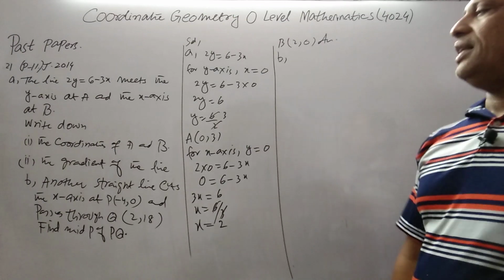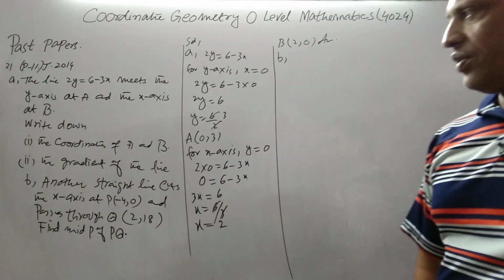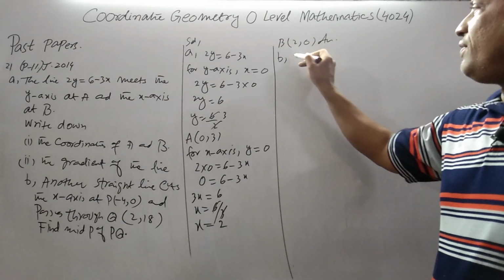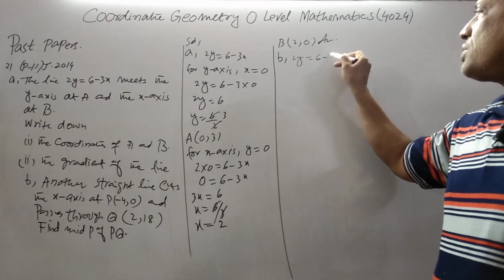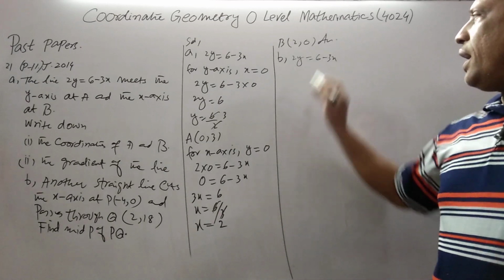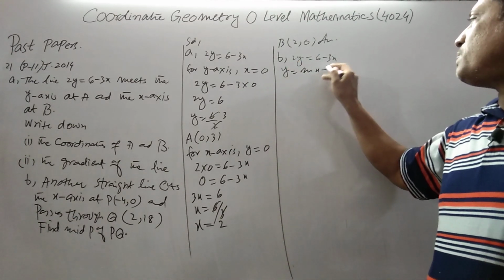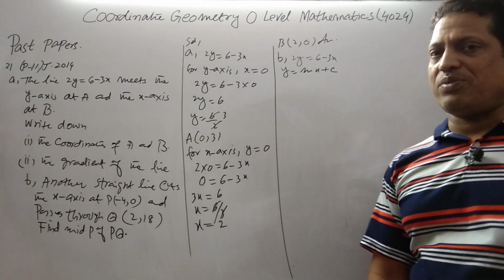Come to part B. Part B is the gradient of the line. How to find the gradient of the line? First, write down the given line, which is 2y equals 6 minus 3x. Write the given line in the form y equals mx plus c. It means we have to make y the subject.